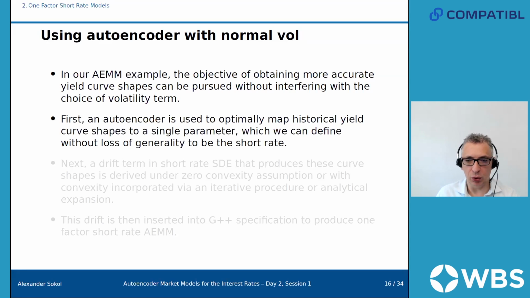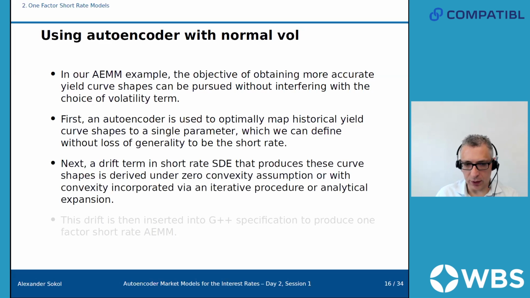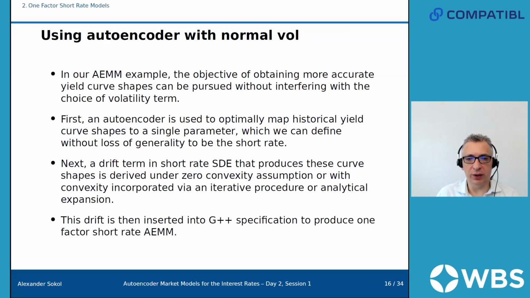We could also say we're going to redo the volatility term, but when you start from the model and you only change the drift, it's an easier transition. It's a more familiar model behavior. So what we're going to do is to mess with the drift term in the Hull and White model, but not with the volatility term, right? And that will be our normal one-factor short rate model.